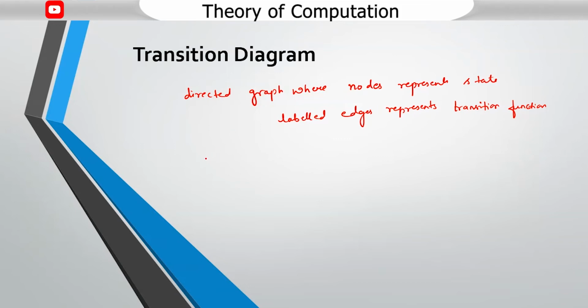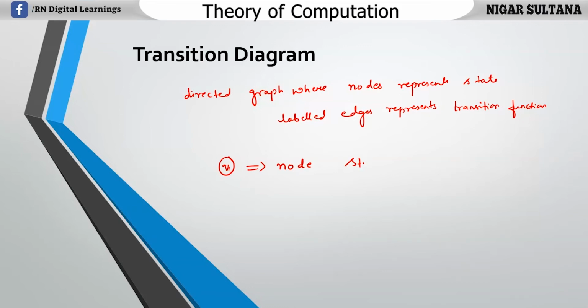This is called a node. This represents the state. It is represented by a circle. Here Q1 indicates that it is one state.